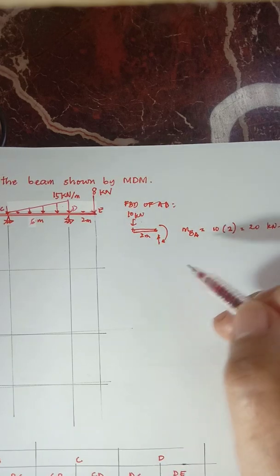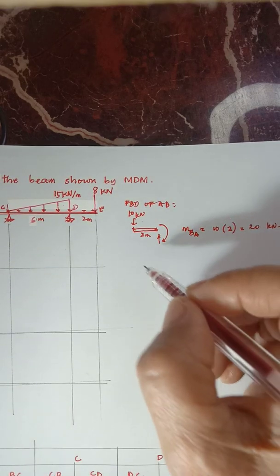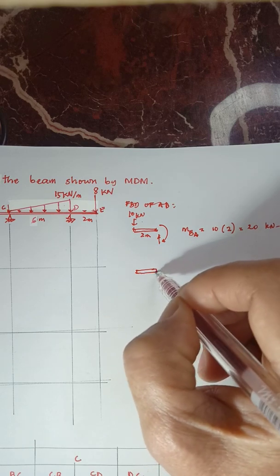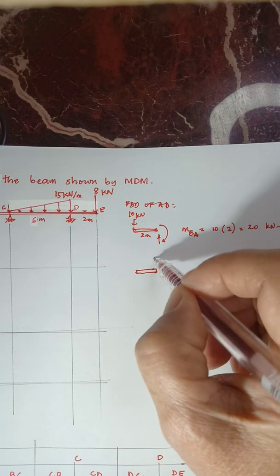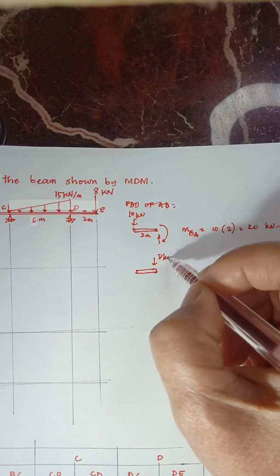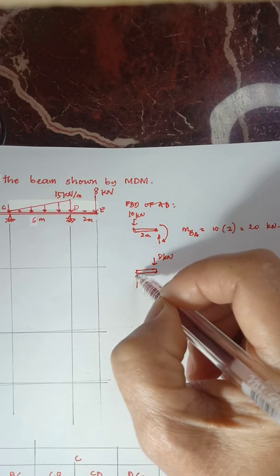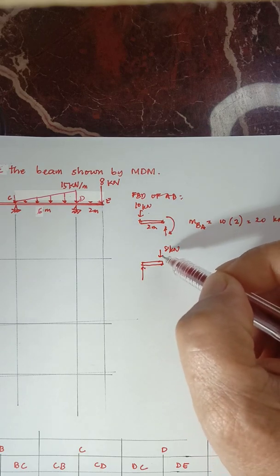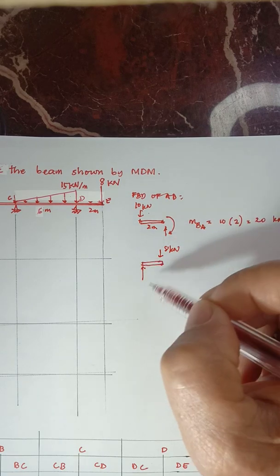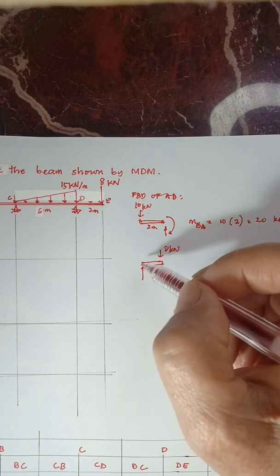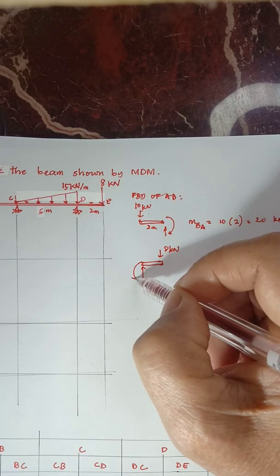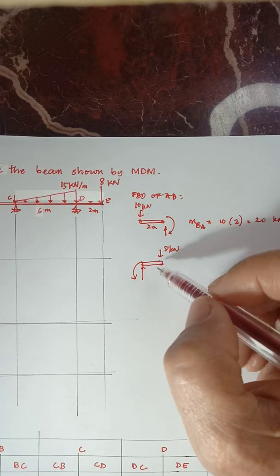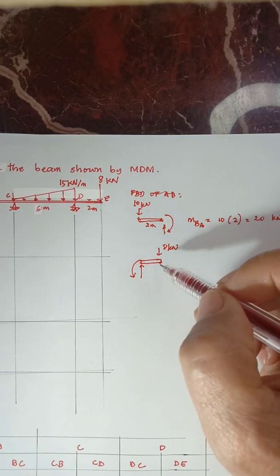While at the right overhang, this is the free body diagram. You have another concentrated load of 8 kilonewtons, and a reaction. The 8 kilonewtons will produce a clockwise moment, so the reaction at joint D will be counterclockwise to make this in equilibrium.